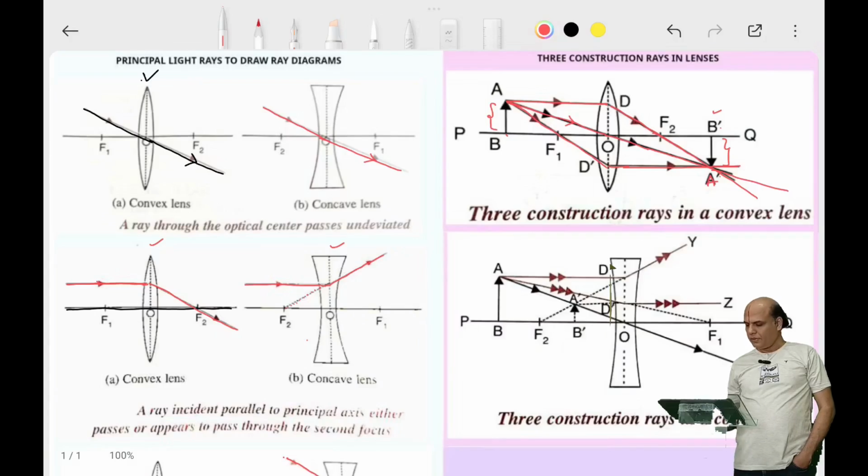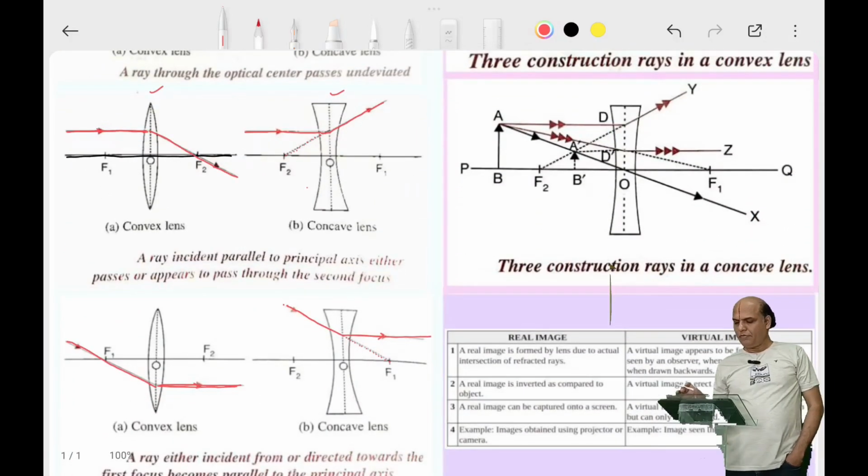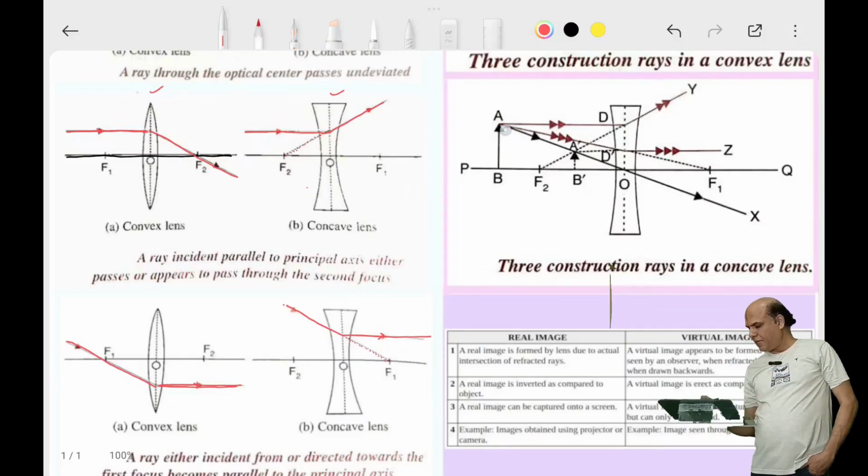Okay. Similarly, if you draw the ray diagram for a concave lens, let AB be the object and point source be A. So from point source A, if you want an image of A, consider the first kind of principal light ray, which is emanating from point A and passing through the optical center, and it passes undeviated in the same direction and path as shown here.